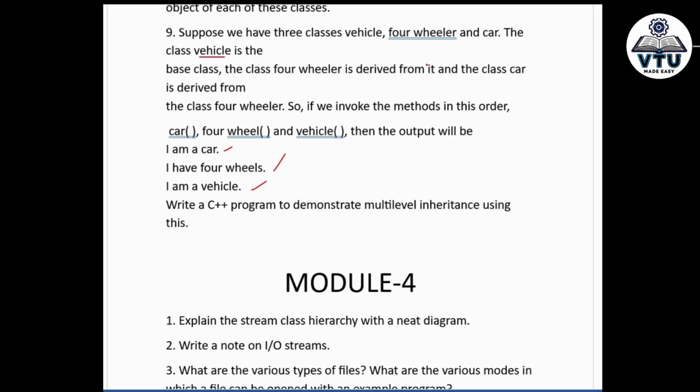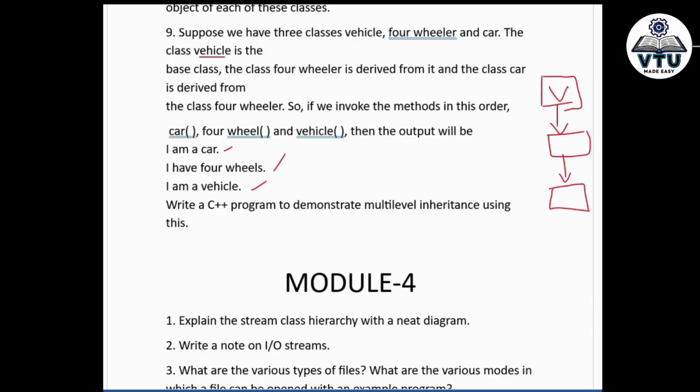This question will represent multi-level inheritance. It means that this is the class vehicle, and under the class vehicle, four-wheeler is derived. Under the four-wheeler, the car class is derived.